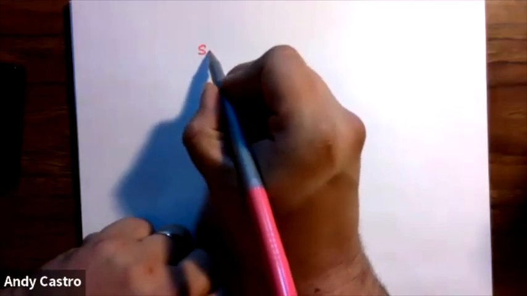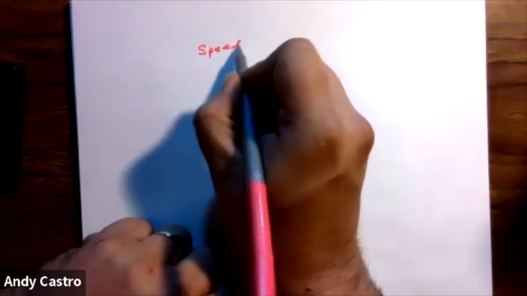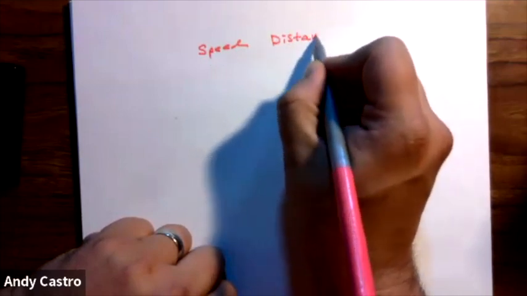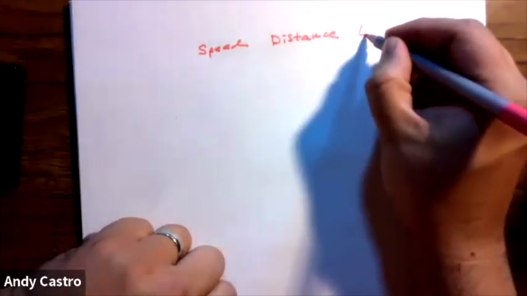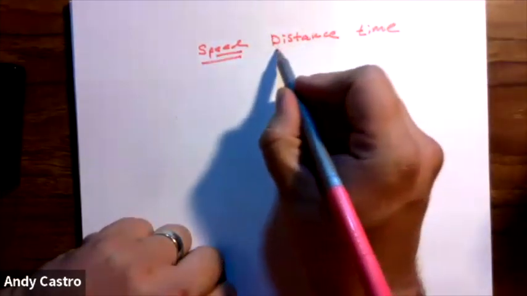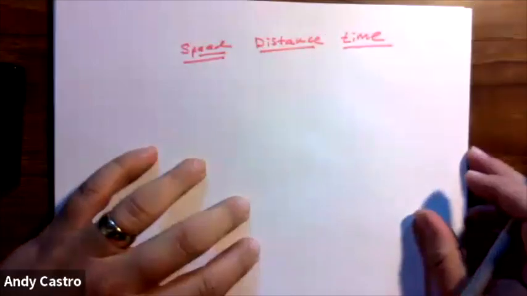So what we'd like to do is look at the relationship between speed, distance, and time. Speed, distance, and time.